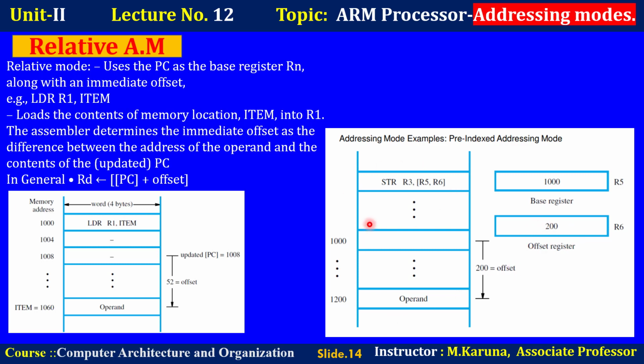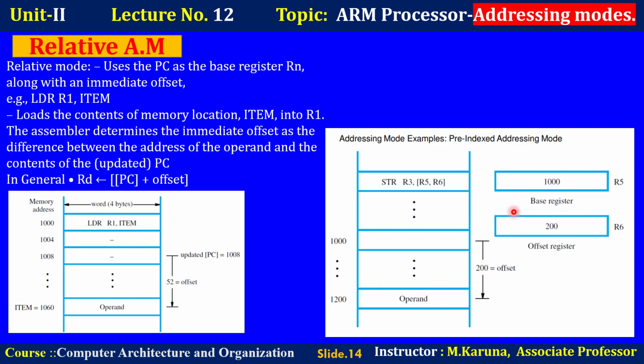In case of a store instruction, whatever operand is present in R3 will be loaded into the memory location. Here in case of a store instruction, R3 acts as a source register. In case of a load instruction, R1 acts as a destination register.